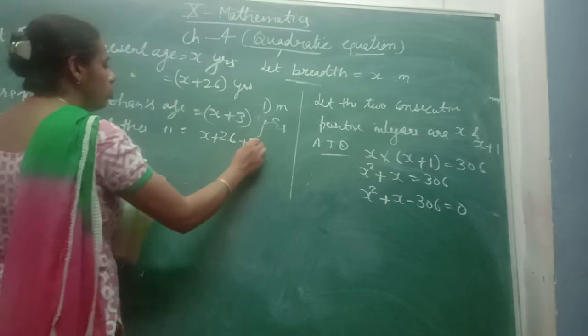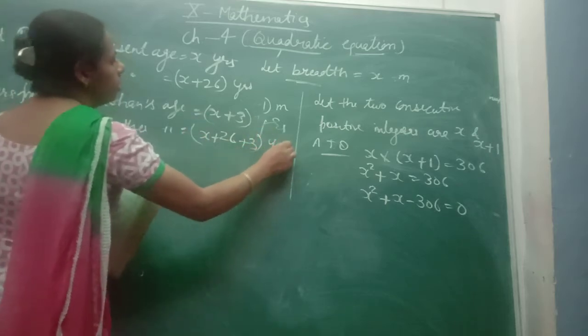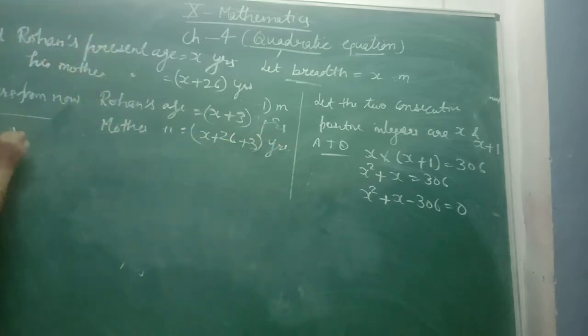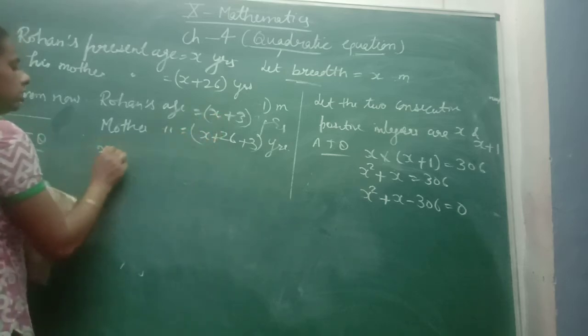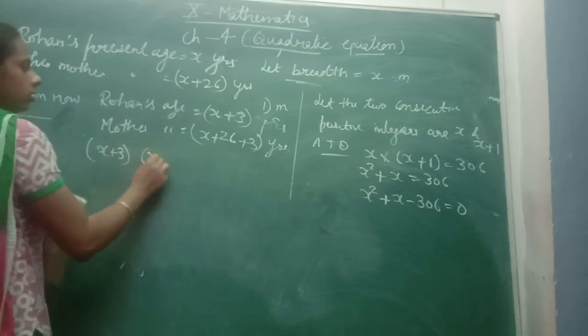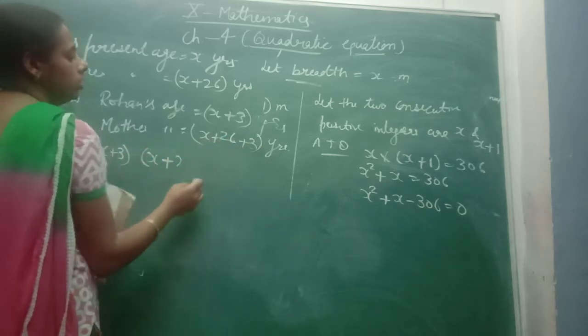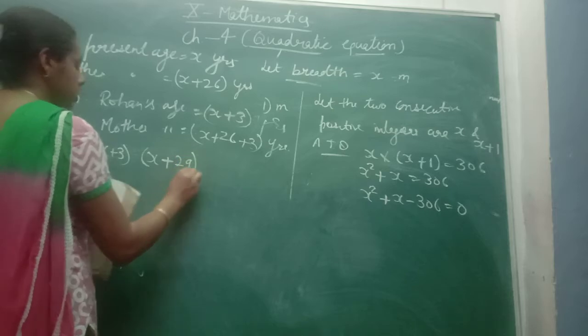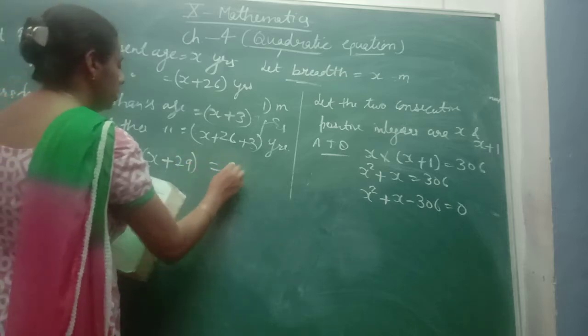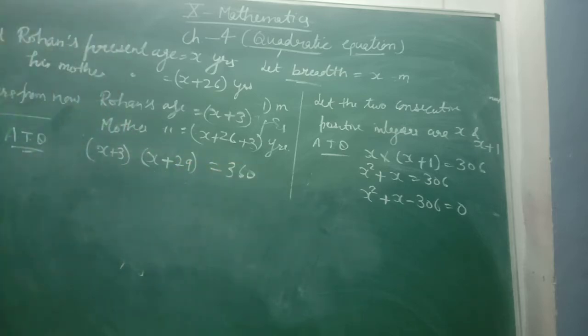Now 3 years more increased. So according to the question, after 3 years, the product of their ages, 26 plus 3 is 29, is equal to 360, and so this equation after multiplying.